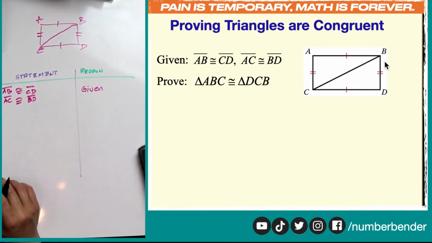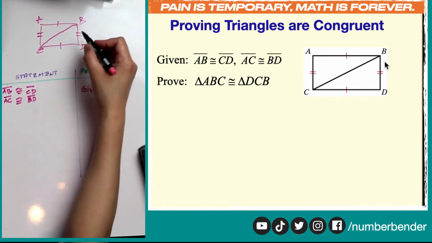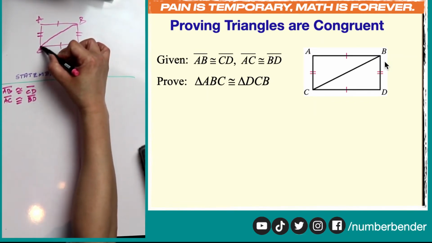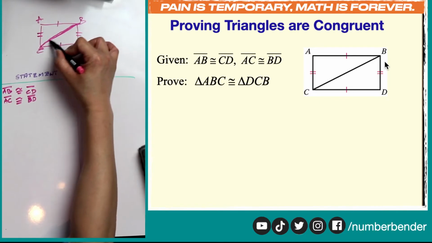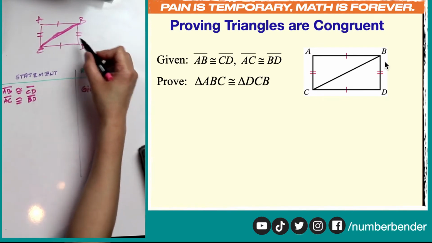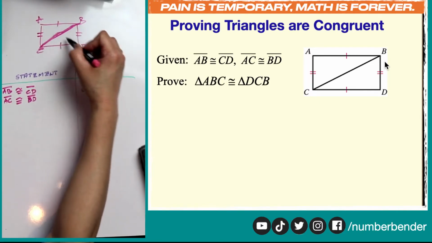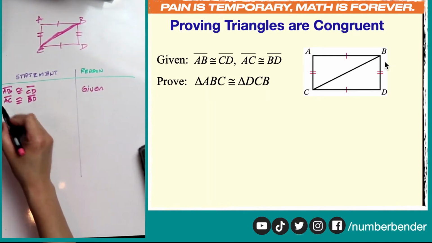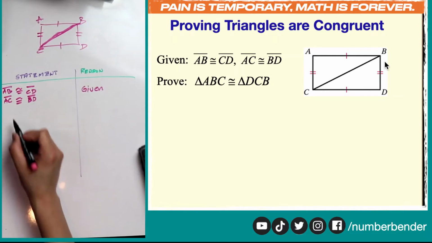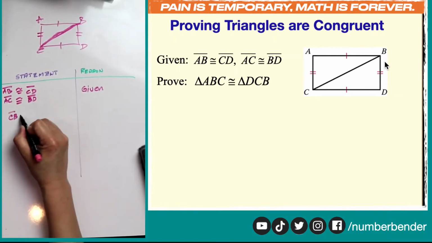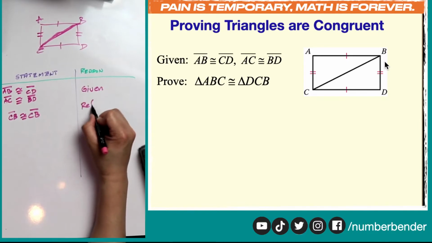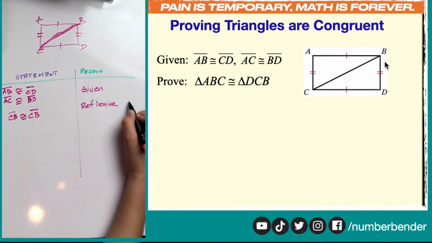And since we know that they are given, we can now use this line segment, because it is common to these two triangles. So from here, we can now start with our second line, which is CB is congruent to CB by the reflexive property.